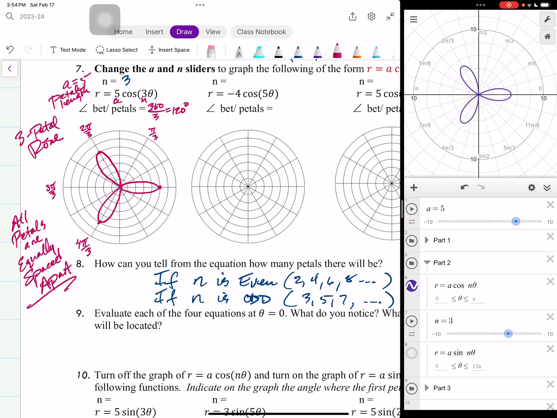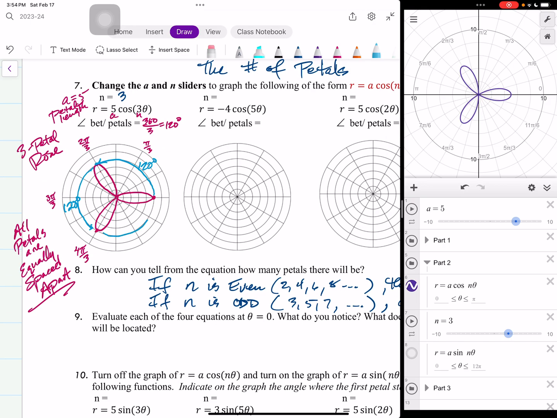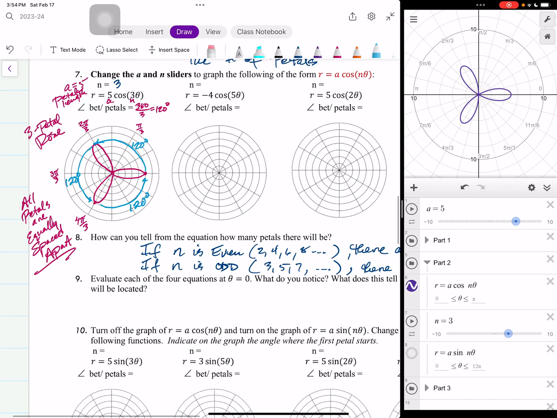Or you could say 2/3 pi radians apart. That's the angle between them. I'm talking about from here all the way to here. This is 120 degrees apart, so in between every petal is 120 degrees apart. Does that make sense?